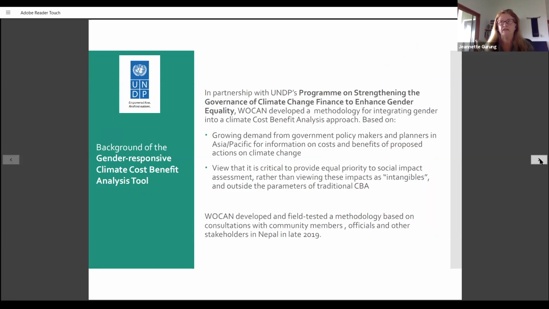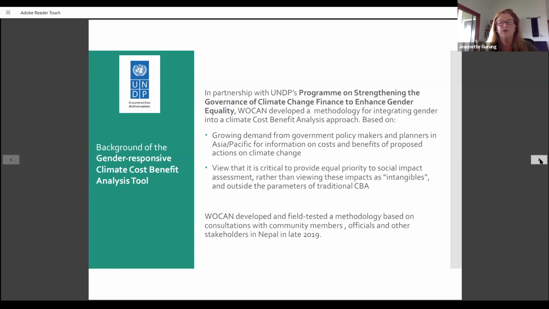Their purpose in this is primarily to work with governments in the Asia Pacific region who are making decisions about how to allocate national budgets, local budgets, subnational budgets for climate mitigation and adaptation activities. So they are trying to provide them tools that would allow them to look a little bit beyond the usual box that they're using to make that decision.